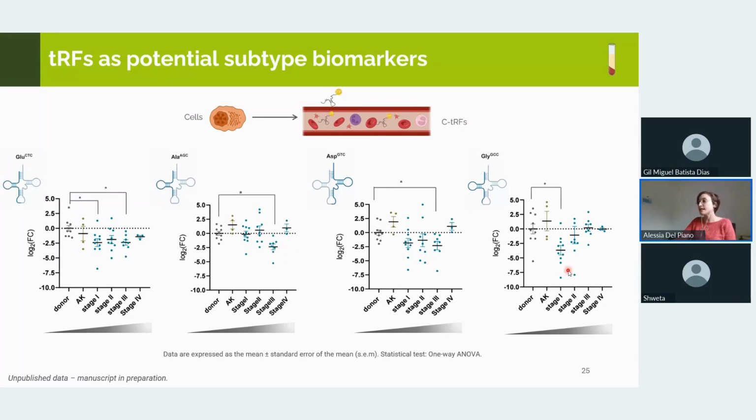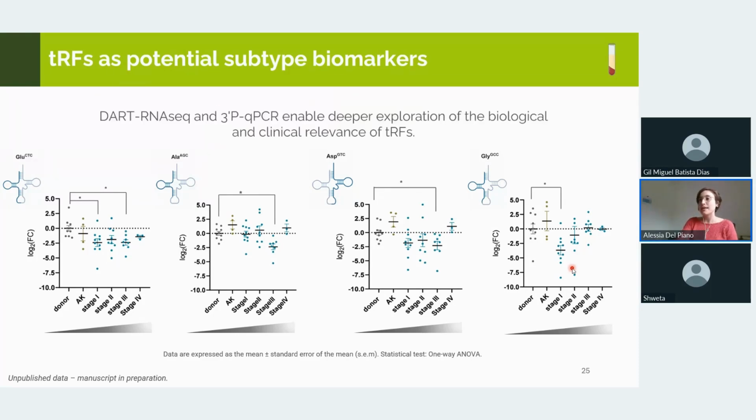While for glycine, after an initial significant downregulation at stage 1, it seems to have a trend toward upregulation once the disease is progressing. So overall, we may say that with tRNA-seq and 3pQPCR, we enable a deeper exploration of the biological and clinical relevance of these tRNA fragments.